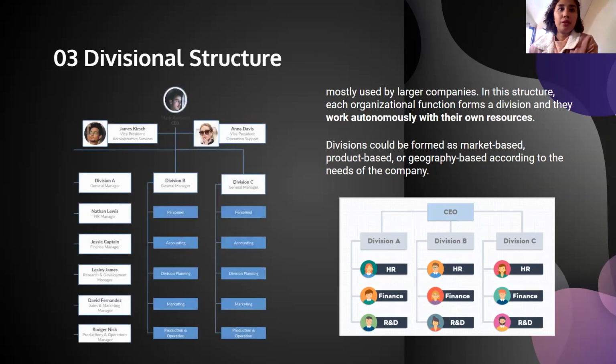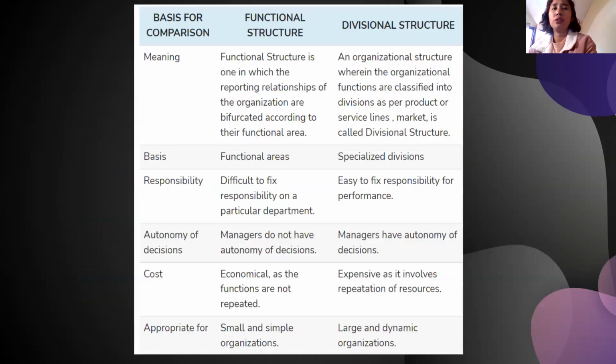Okay. So, sa Division A, HR manager, finance manager, research and development, sales and marketing, production, and operations. Sa Division B, hindi na naman nila kailangan yun, pero may personnel, may accounting, division planning, and so on. Division C. So, ibig sabihin ko ba, nauulit yung mga HR, nauulit yung mga finance, because it's based on the need, okay?